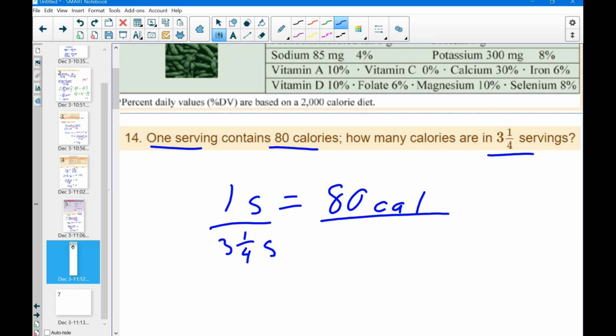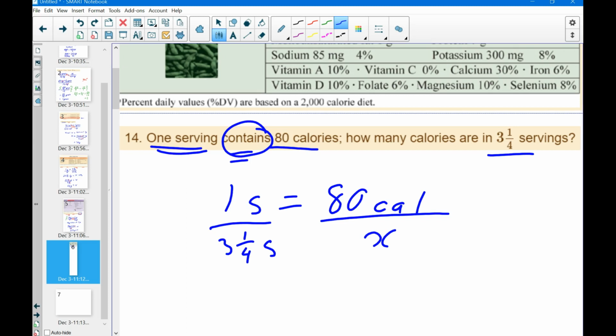And we want to know how many calories, which is where our x is going to go. So it's set up the same way as always. Sometimes it's a little harder to find the equivalence point, but when it says, like here, one serving contains 80 calories, the keyword contains basically means equals.